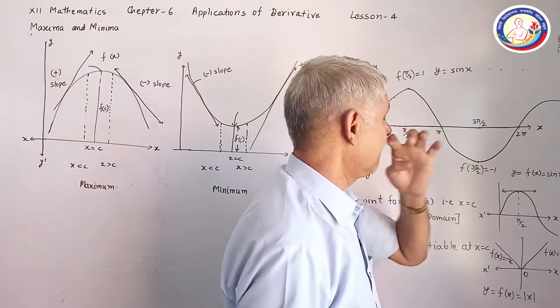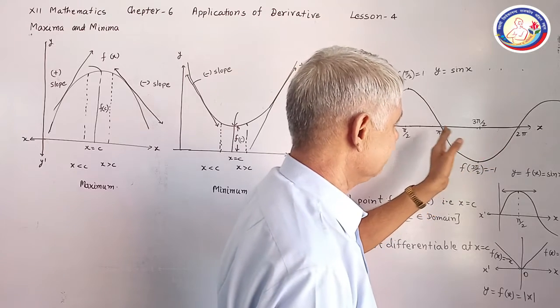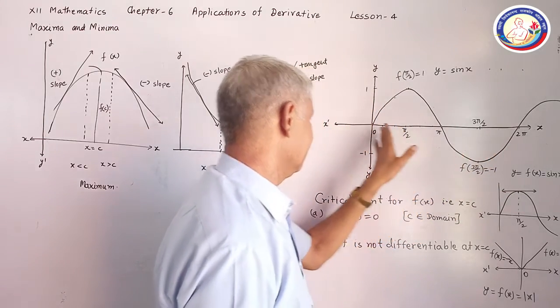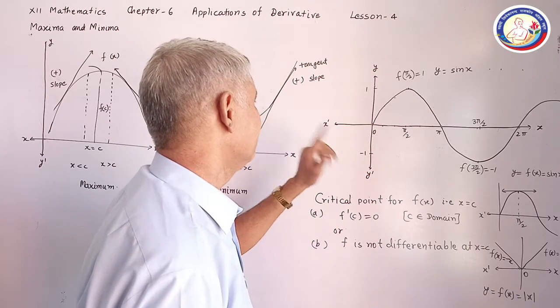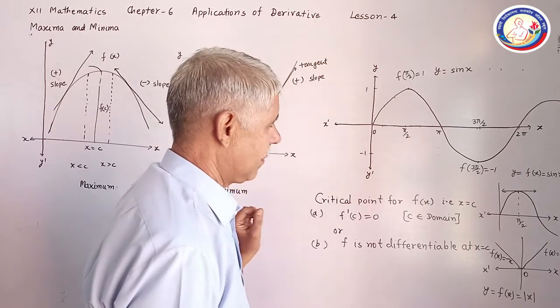Again, repetition will occur for values more than 2 pi in this manner, and for values less than 0, like minus pi by 2, minus pi, a similar graph will appear.